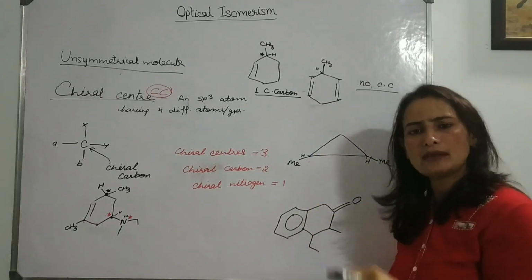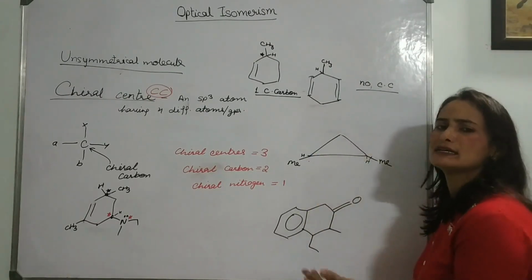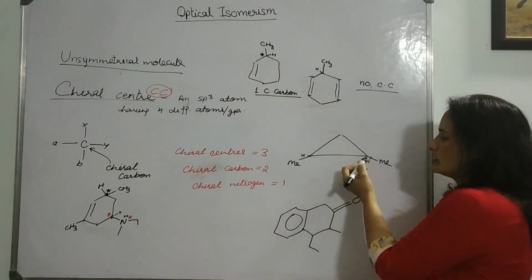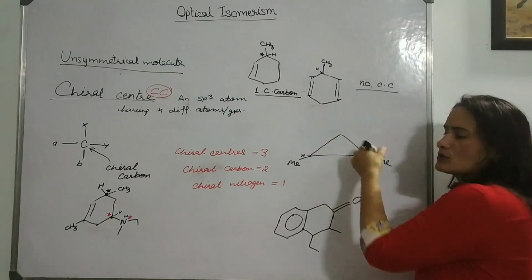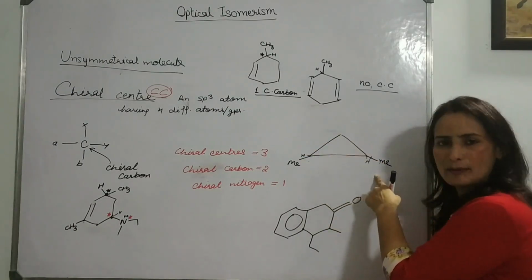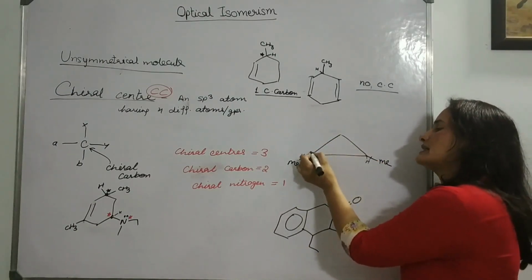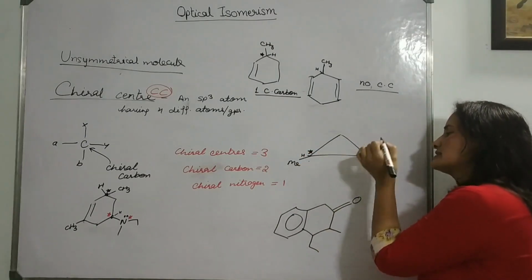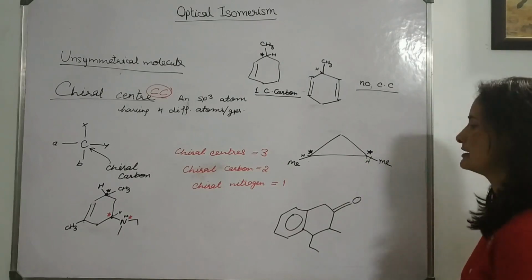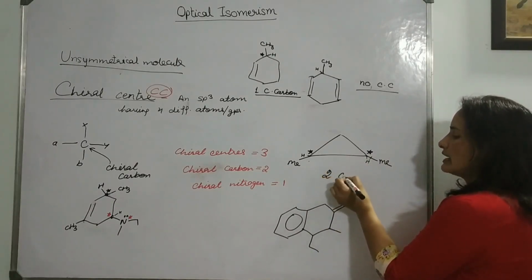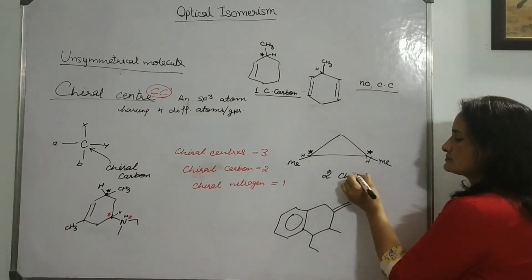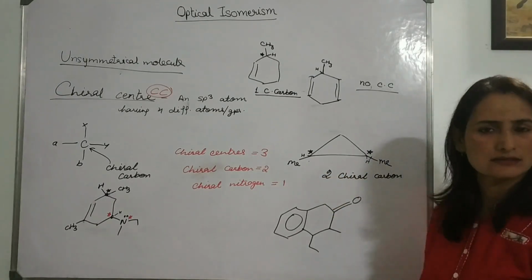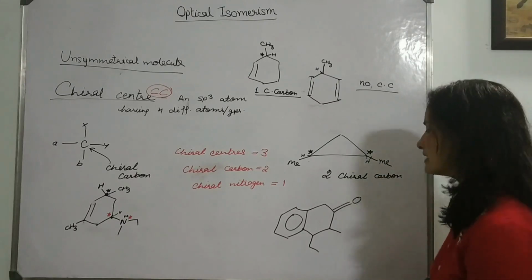If getting the same location on both sides, then it is symmetrical, otherwise unsymmetrical. Definitely it is going to have the second location if we go clockwise, and the number 1 location anti-clockwise. So definitely it is going to be chiral. And a similar situation on this side, it is going to be chiral again. So here are two chiral carbons, or a total of two chiral centers, which are only carbon.